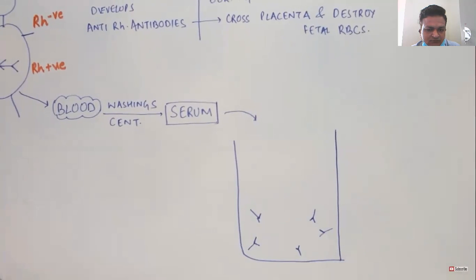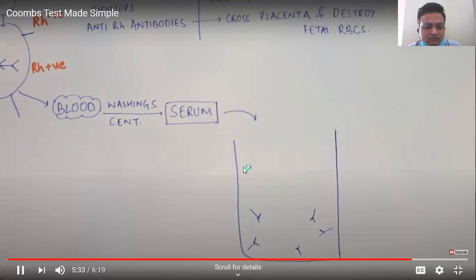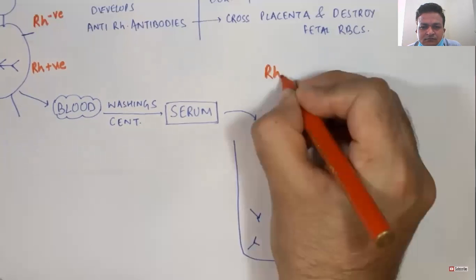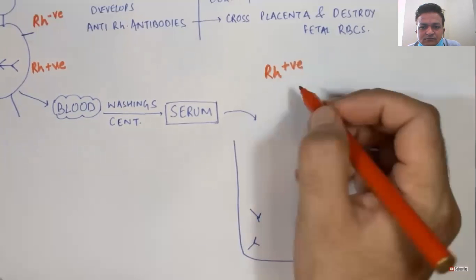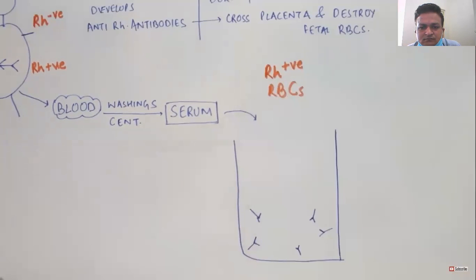Now, here is the essential step which is different from that of the direct type of the Coombs test. Since the maternal blood does not contain those RBCs to which these anti-Rh antibodies will bind, we will have to introduce externally the Rh positive blood. So the next step will be addition of Rh positive RBCs, either of the animal type or the human type, into this sample.